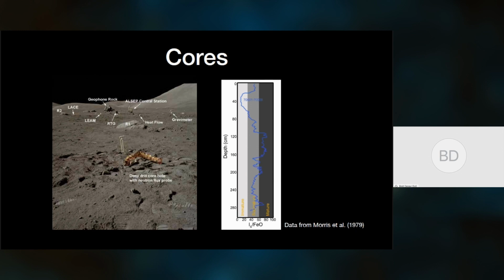For example, you can see when you look at a drill core from the Apollo 17 landing site that extended down to nearly 3 meters depth. But at this spot, we don't have a mature homogeneous layer at the top, as would be indicated by a high I sub S over FeO value there on the x-axis at the bottom.